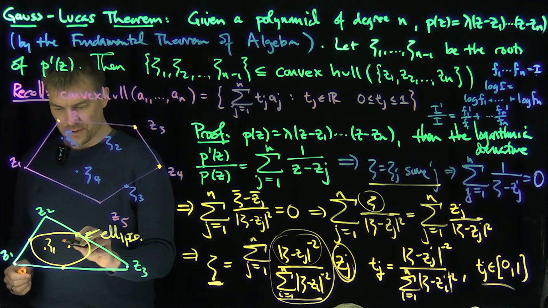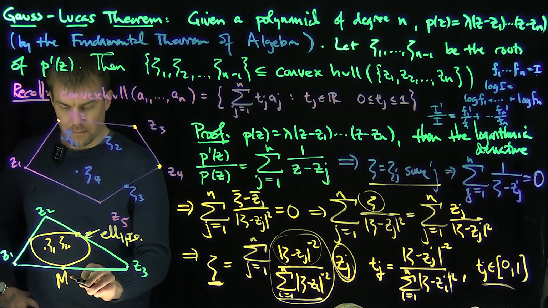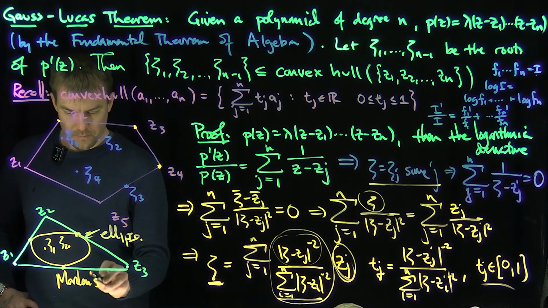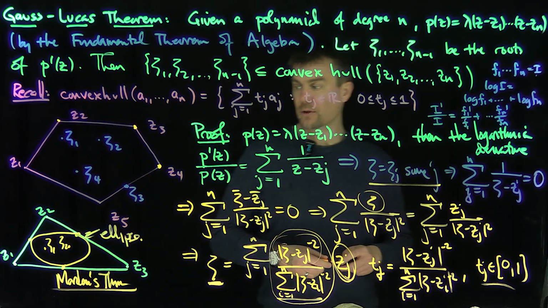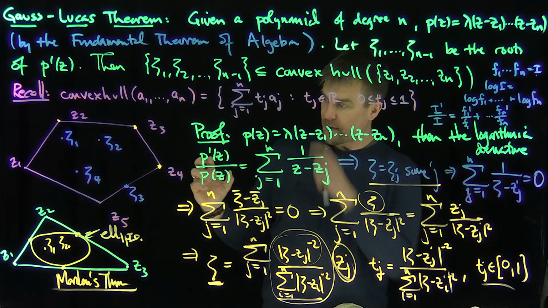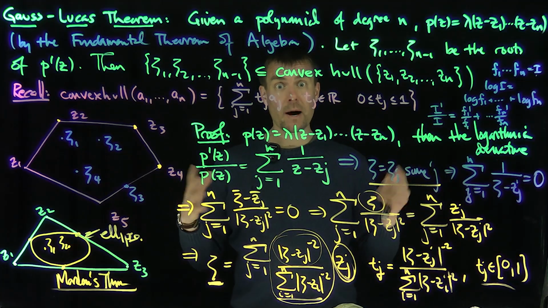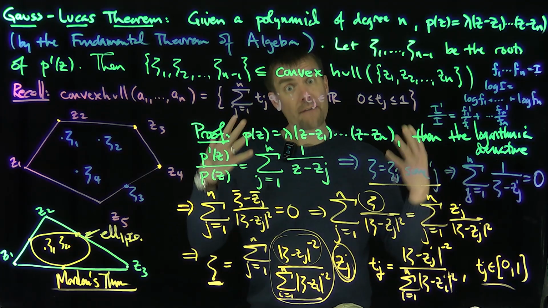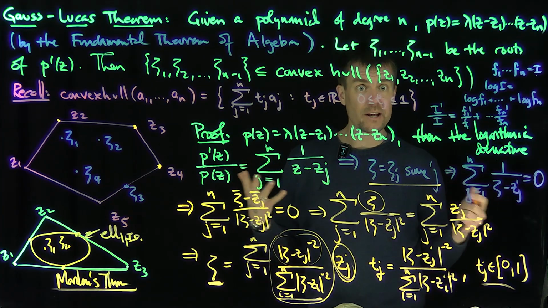That's zeta 1, zeta 2. We're going to prove this in a future video. This is called Marden's theorem. It's a fancier version of the Gauss-Lucas theorem. We can prove Marden's theorem by appealing to results we have about equilateral triangles. Remember, we have all these videos on equilateral triangles: when do points in the complex plane form an equilateral triangle?